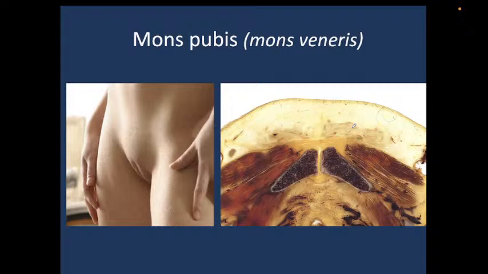I would say that there are many nerve endings in the pubic skin of the woman. Touching or pressing here, there are a lot of nerve endings, and they could be involved in sexual excitement.